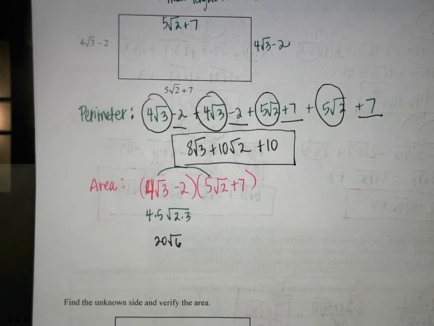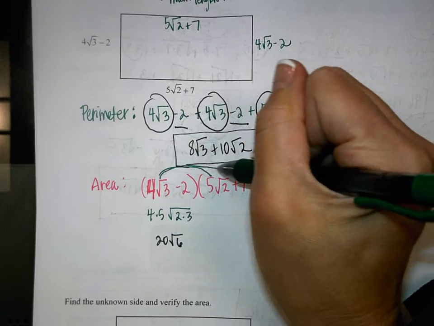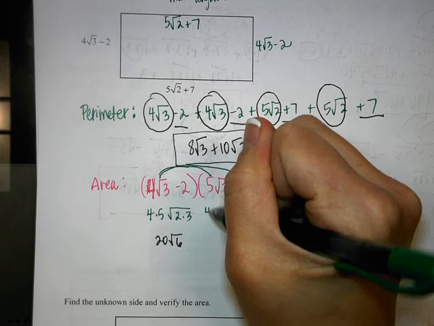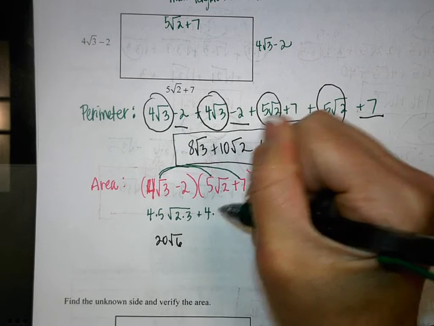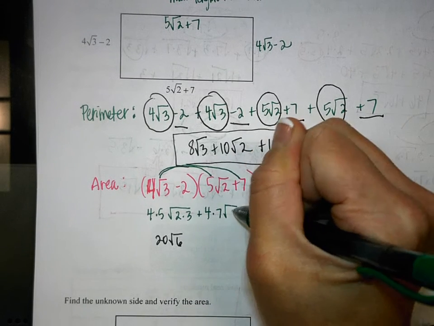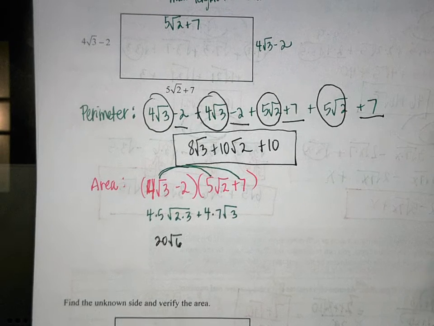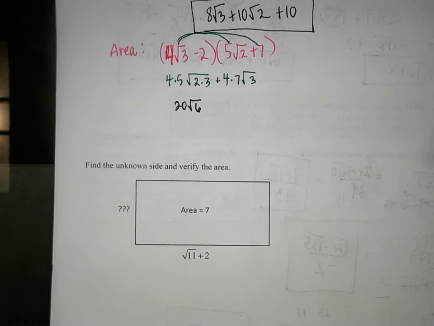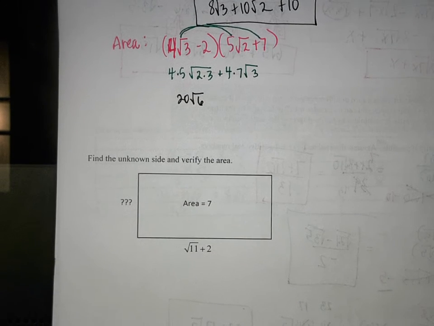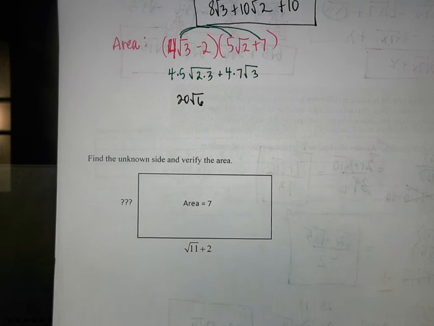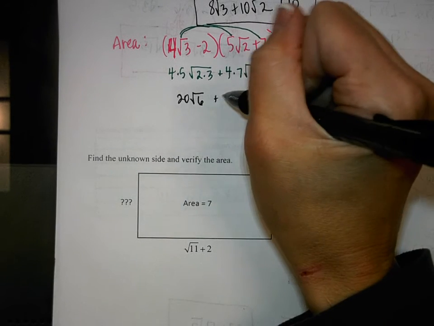Next term, 4 root 3 times 7. So that means we have plus a 4 times a 7 and a root 3. Can I break anything down there? No. So we just multiply 4 times 7 together, which makes 28 root 3.